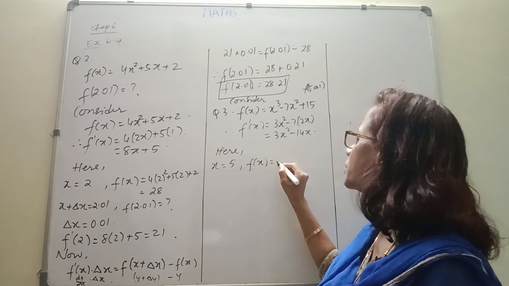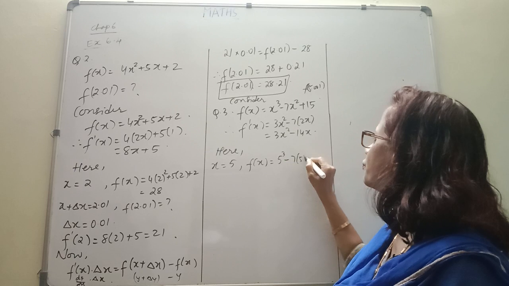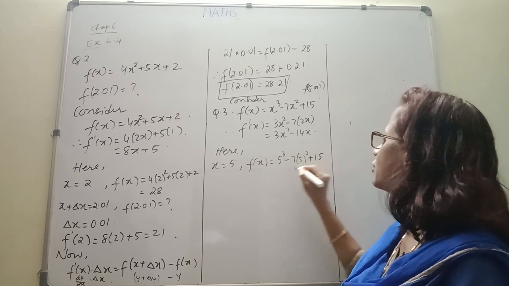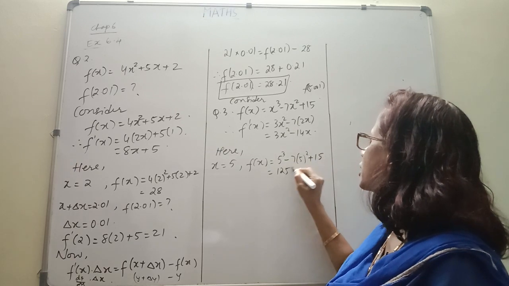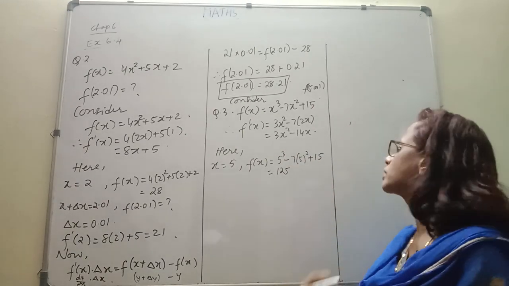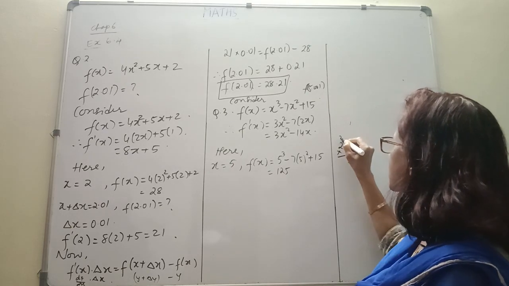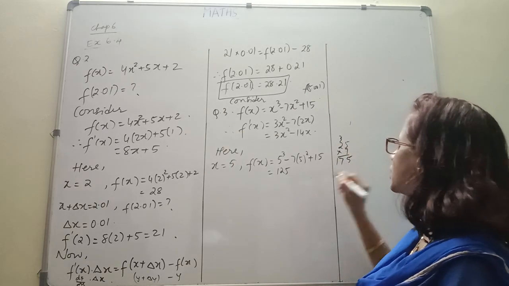f of x is going to be 5 cube minus 7 into 5 squared plus 15. 5 cube is 125. 5 squared is 25 and 25 into 7. I wonder how much is 25 into 7. I'll quickly calculate. 25 into 7, 35, 3 carries. 14, 17, 175.